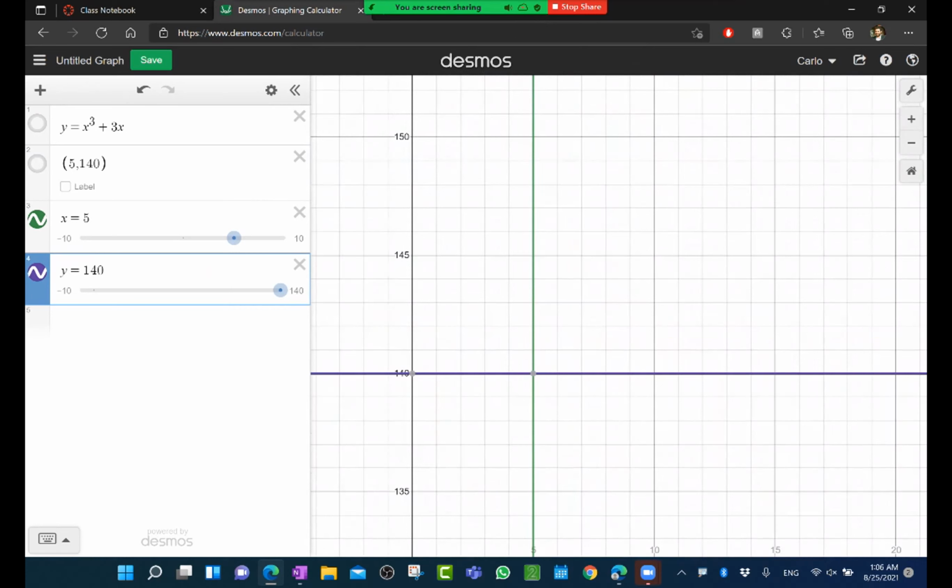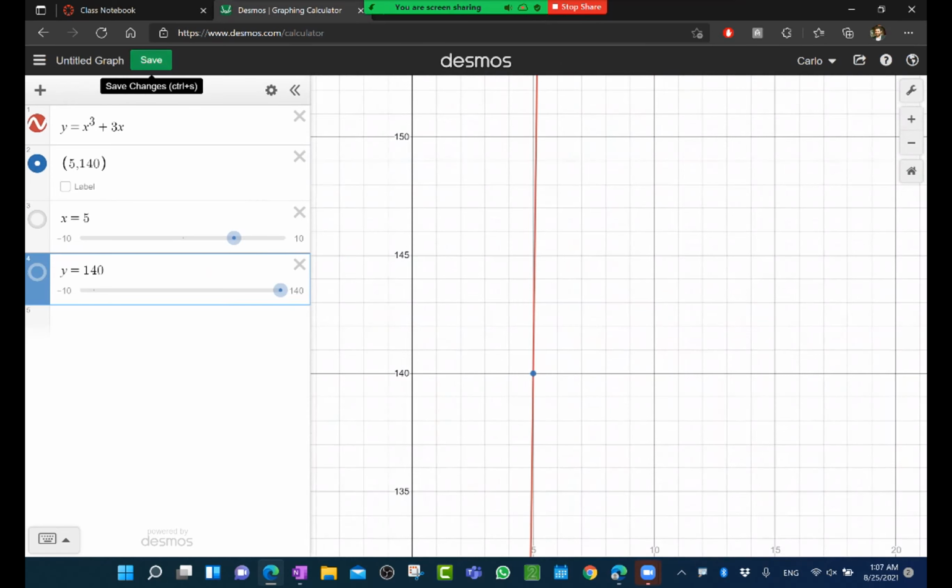You see, the domain intersects the range at 5, 140. And then if I get rid of that and put the dot back there, you see the line's going to pass through that point. Okay.